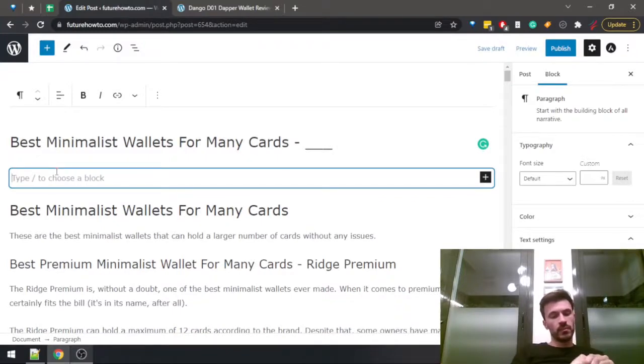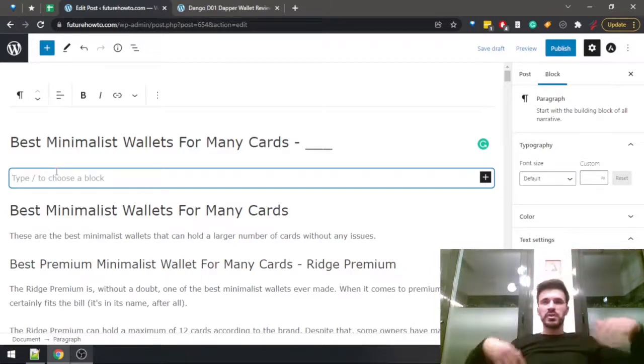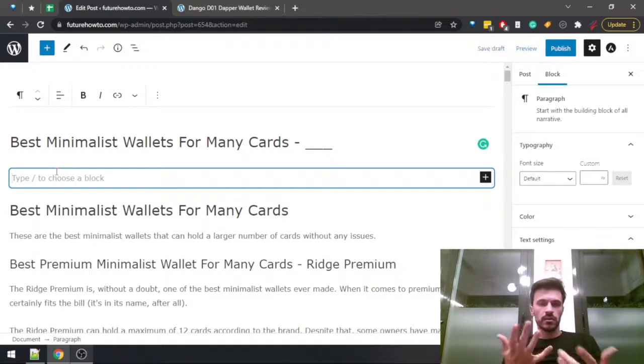So I usually like to keep things quite simple in here. I don't really find a lot of value in being all salesy and trying to do some weird technique to hook the readers.